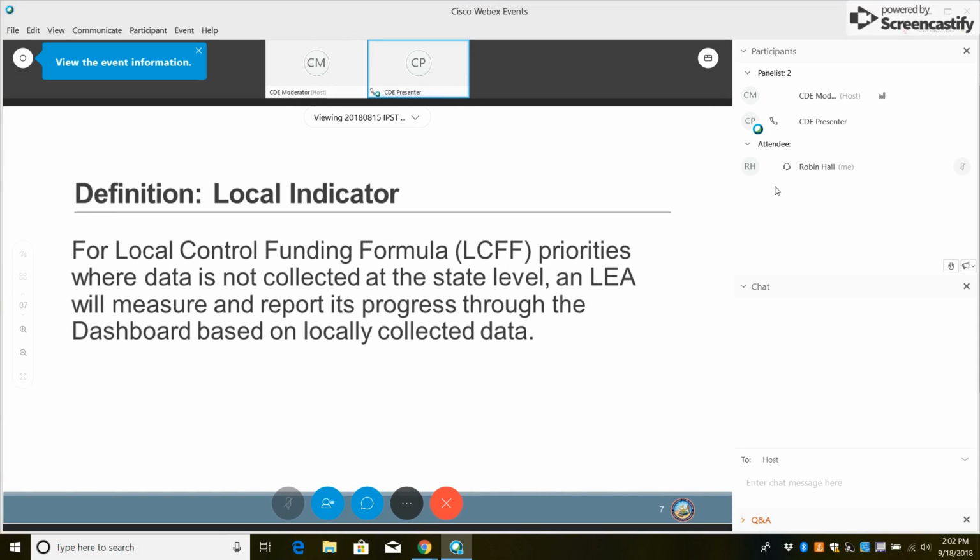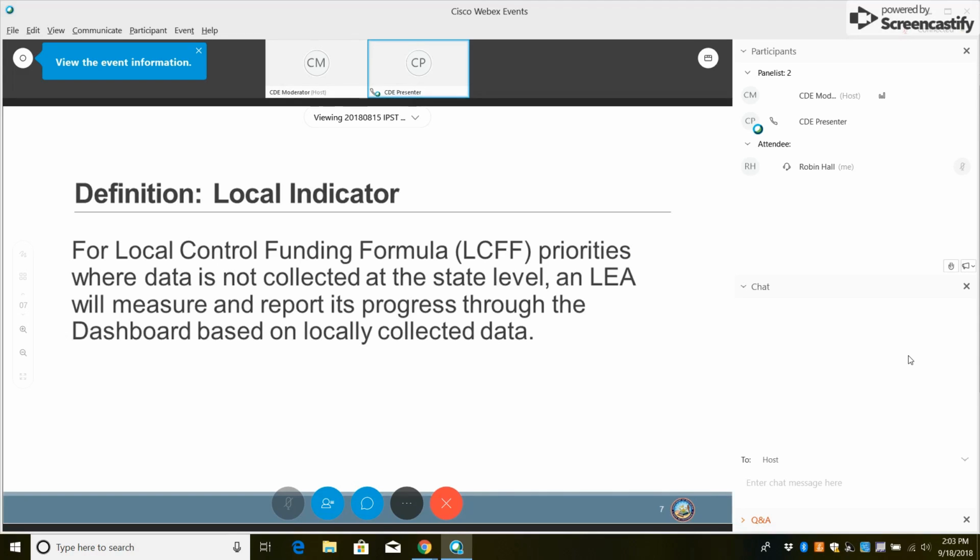For some of the priorities, we have data that's collected at the state level, such as chronic absenteeism rates and suspension rates, that is importantly comparable from one LEA to another. And so for some priorities, the performance standards and the evaluation rubrics come to us in the form of state indicators. State indicators are calculated using state-level data that, again, is comparable from one LEA to the next.